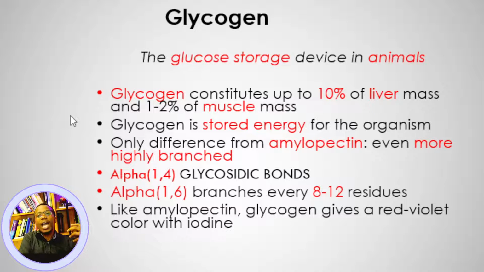So that means that we have more branches in glycogen. That's the only difference between glycogen and amylopectin, right? And just like amylopectin, when you add glycogen to iodine, it turns kind of a bluish color, right?